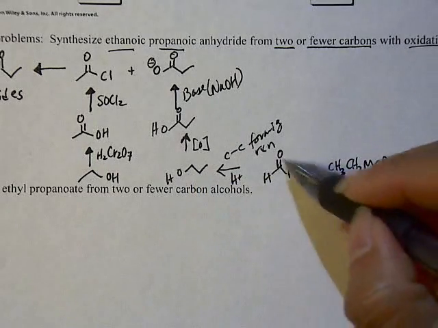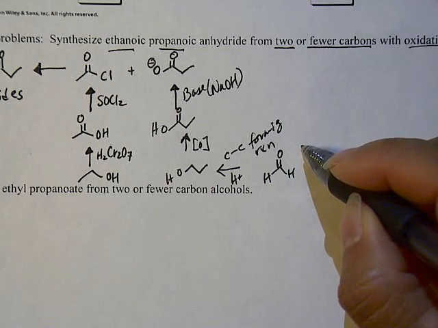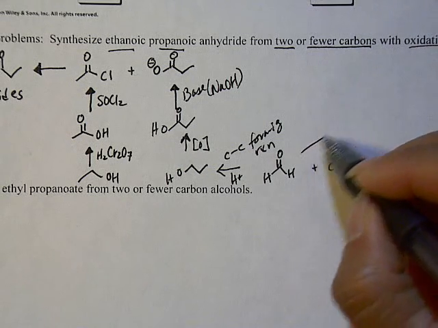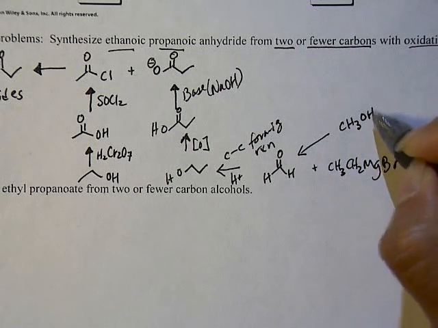And since this is 1 carbon, you satisfy the number of carbons, but it's not at an oxidation level 1, so you have to show that you could make that from methanol.